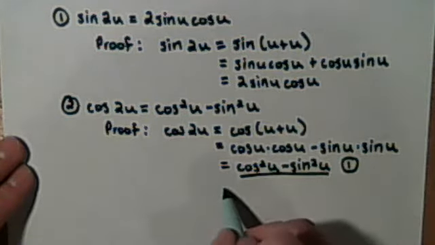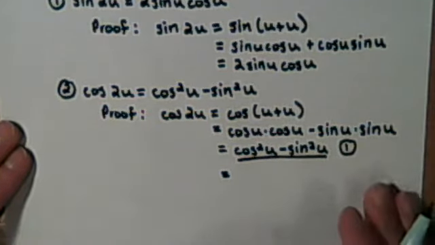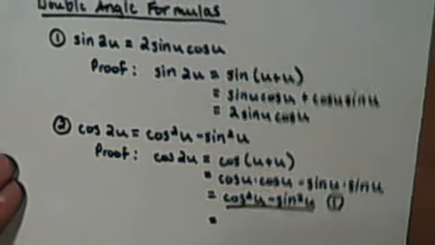But now if I take that and rewrite it, I can create two other versions of this particular formula. In fact, if I start by rewriting sine squared u using the Pythagorean identity, notice I would come up with cosine squared u minus, now remember sine squared u is 1 minus cosine squared u.